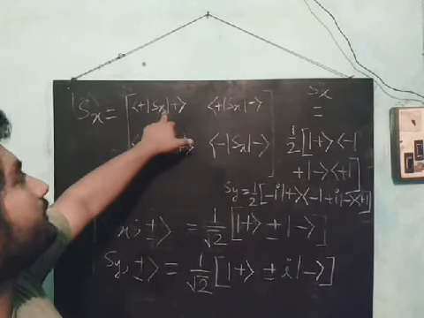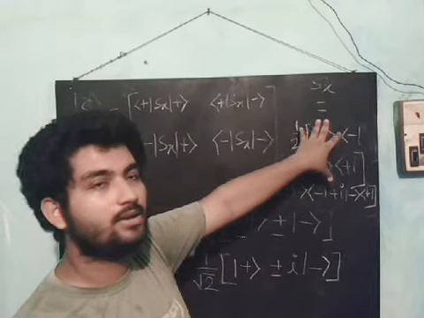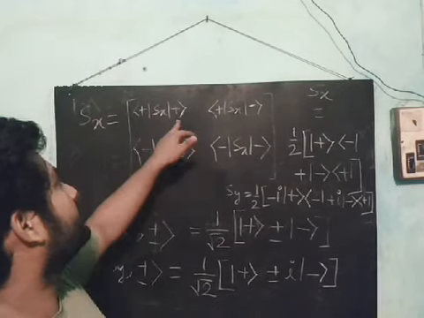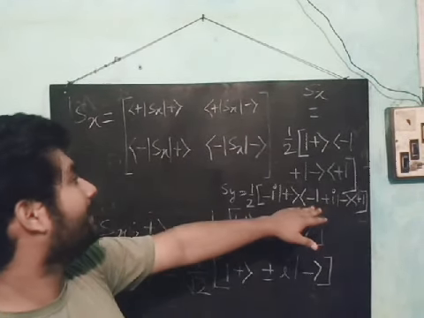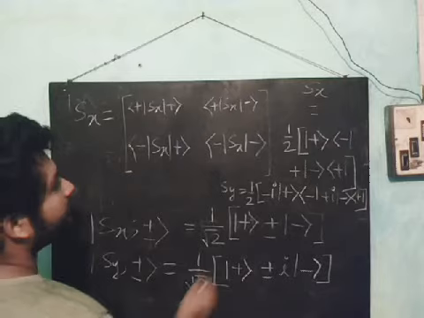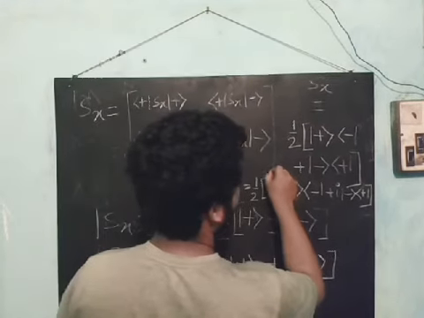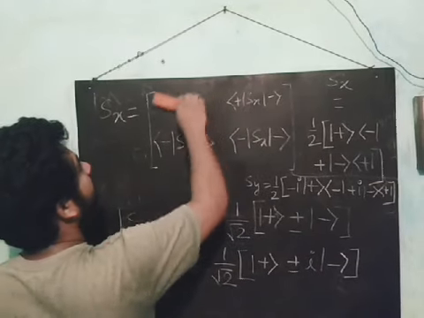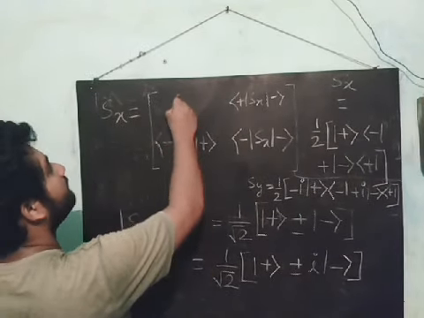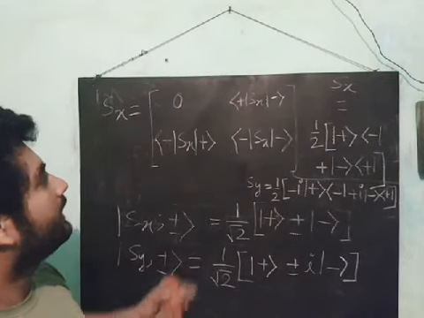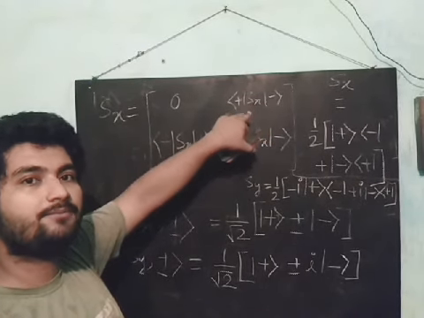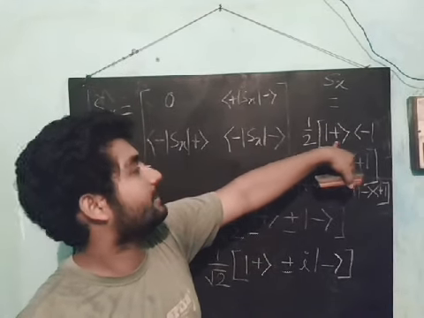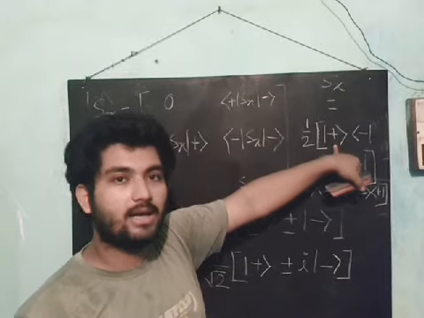I have the equation of Sx here. So when I take the scalar product of positive from the left side and positive from the right side, I will get 0, right? So this element will be 0. Now when I take the scalar product of positive from the left side and negative from the right side, I get this term, and this is half.